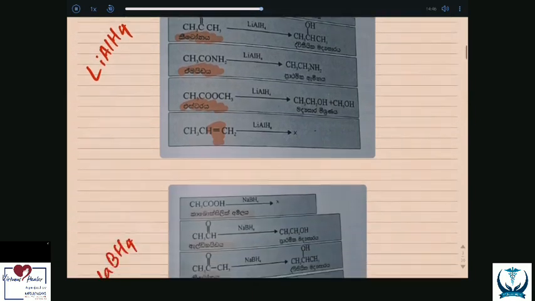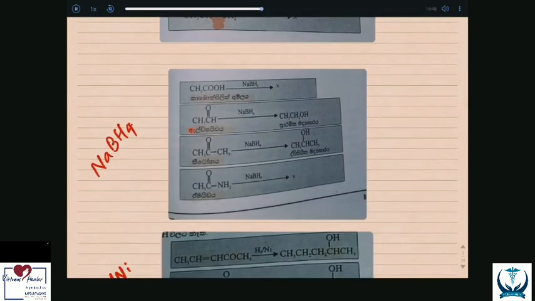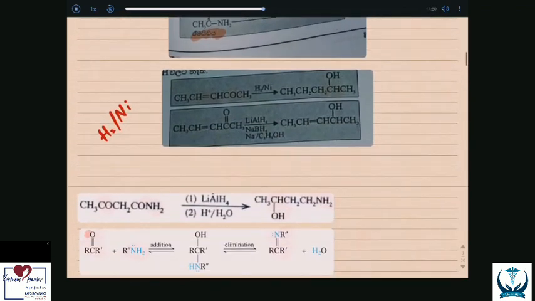Sodium borohydride also has the capacity to reduce aldehydes and ketones, but it doesn't have the capacity to reduce carboxylic acids or amides. Hydrogen or nickel, on the other hand, has the capacity to both reduce carbonyl carbons into alcohols and also to reduce double bonds.